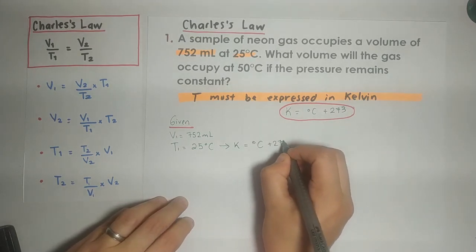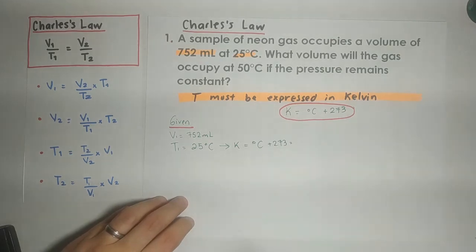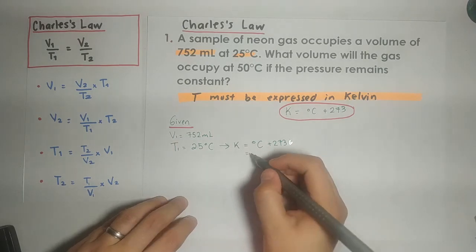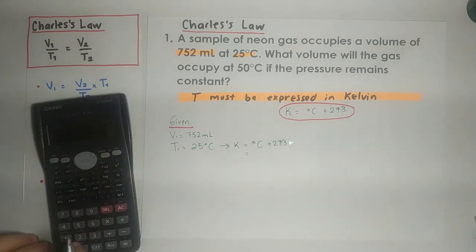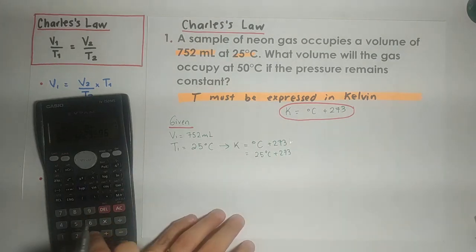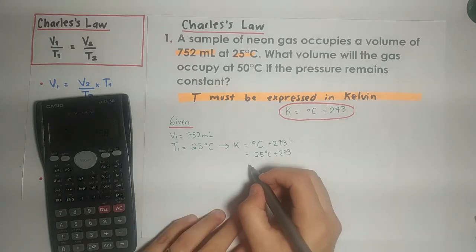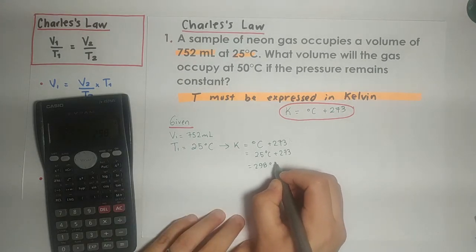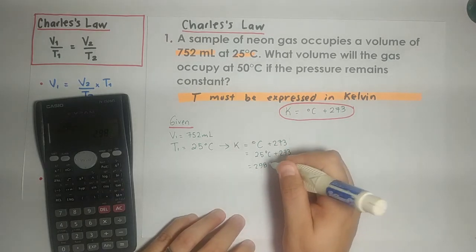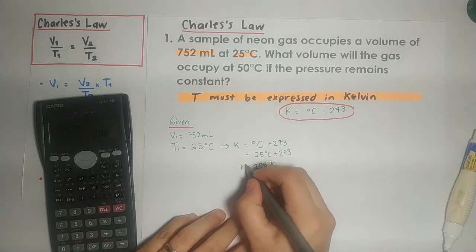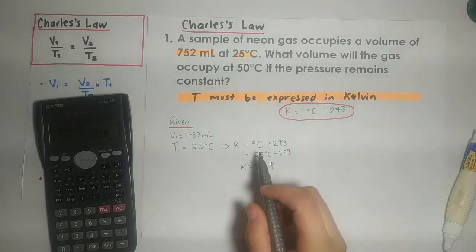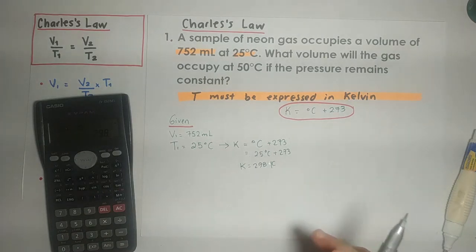Celsius plus 273 equals 25 plus 273, 298 Kelvin. Now take a look. For Kelvin, you don't need to specify degrees because Kelvin is the absolute scale for temperature.